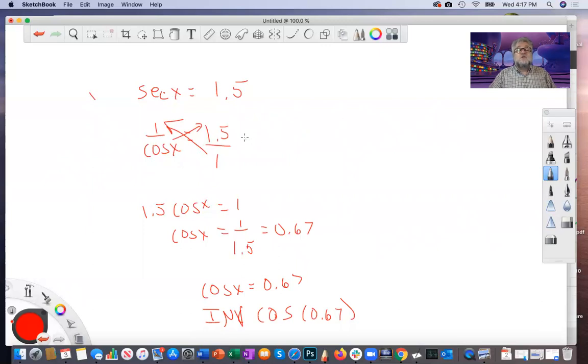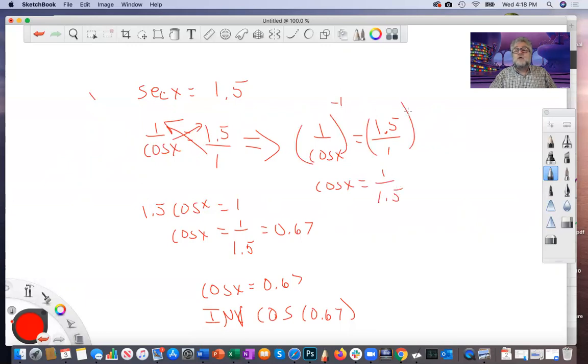Now I want you to notice another way to solve this. If I have 1 over cosine x equals 1.5 over 1, I can take the reciprocal of both sides and make this cosine x equals 1 over 1.5, because I'm raising both to the -1 power. The time when you cannot do that is 1 over x plus 2 equals 1/3.